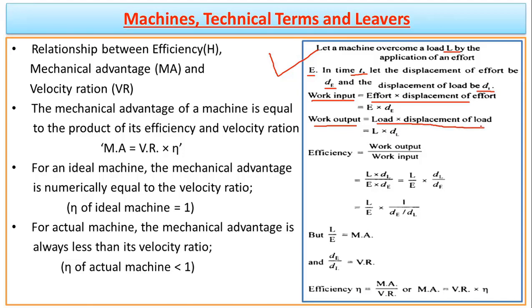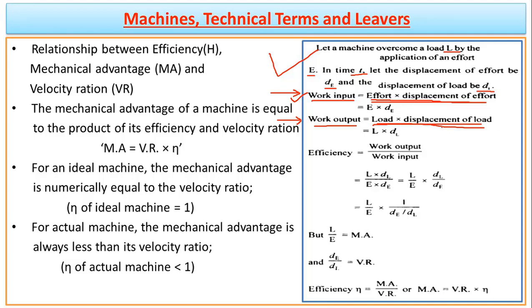Once again, I would tell you what is work input. Work input is the work which we do on the machine, whereas work output is the work which we obtain from the machine. Hence, the work input is effort times displacement of effort, whereas the work output is calculated as the product of load with displacement of load.